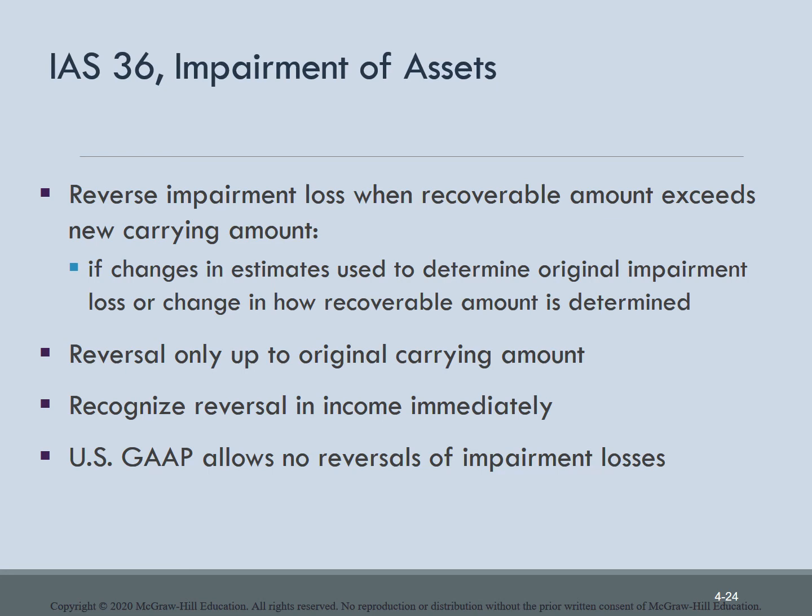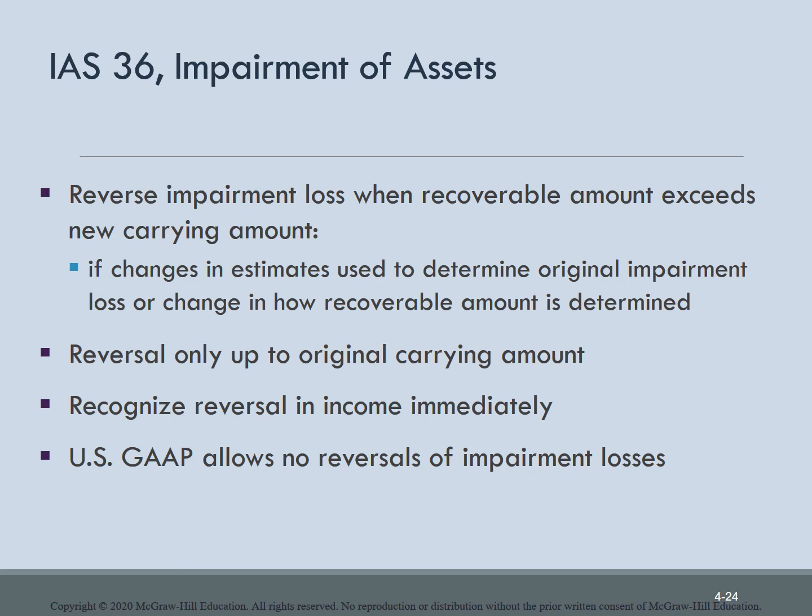So a significant difference with regard to the impairment of assets is that IFRS allows for the recovery of impairment where US GAAP does not. So under IFRS, you can reverse an impairment loss basically back up to what you originally had recorded.